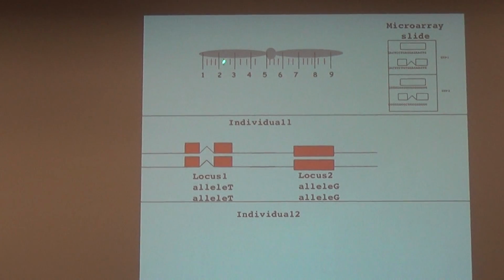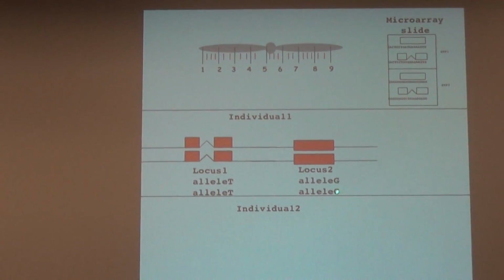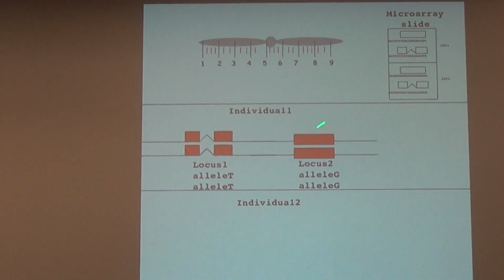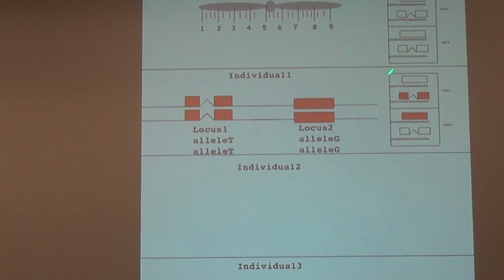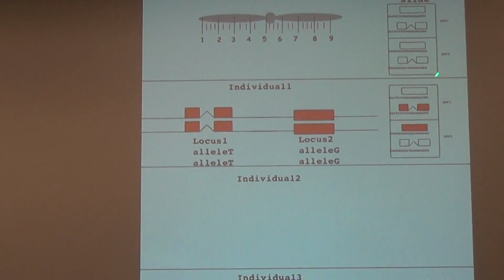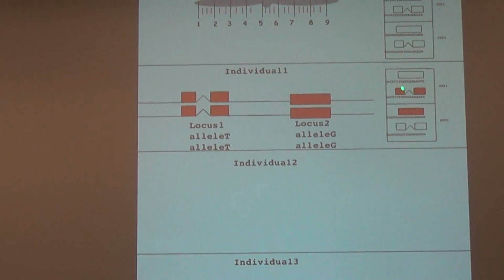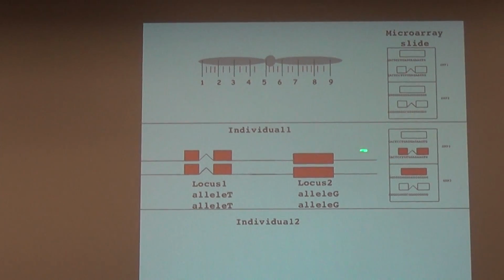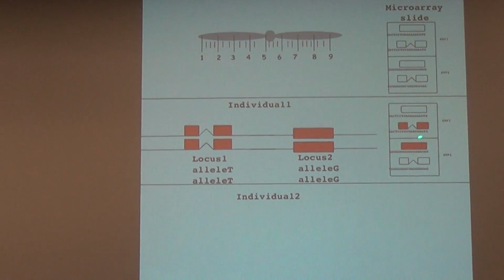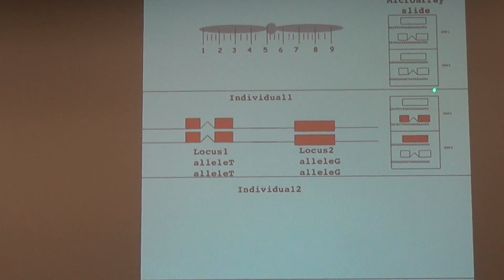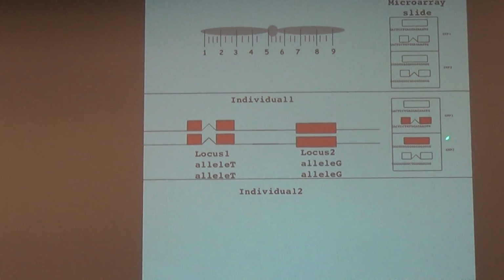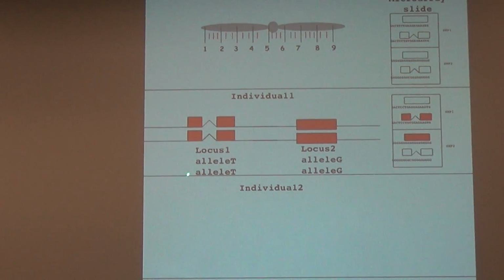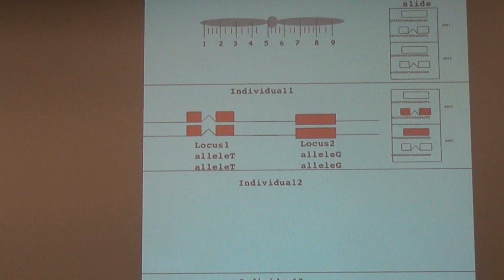At locus 2, right here, we have the sequence GG in this individual. When you hybridize it, this DNA here will hybridize to this spot on the microarray. This DNA here will hybridize to this sequence on the microarray. And so because there's only one spot here and one spot here, you'll be able to tell this individual is homozygous T for the SNP, homozygous G for the SNP.